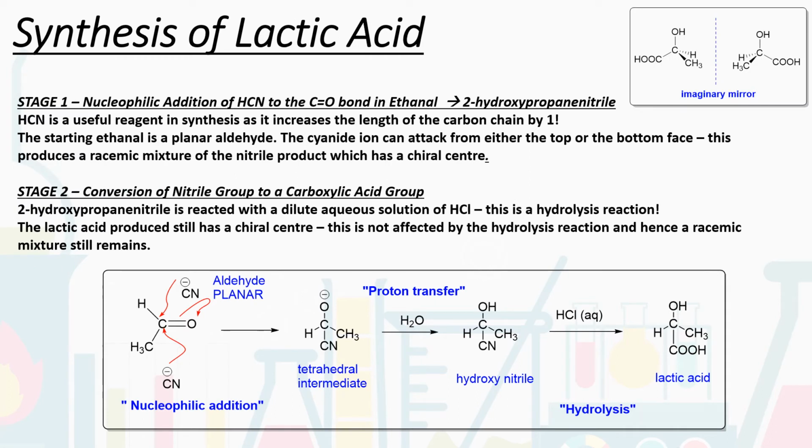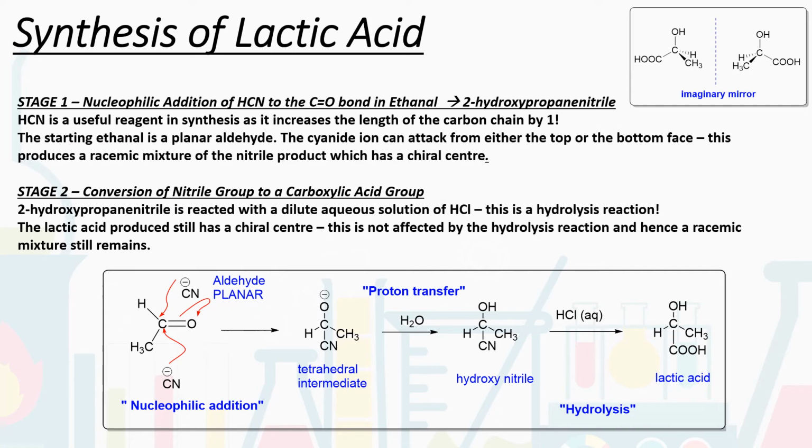So if we look at the synthesis of lactic acid, the first stage of it is we start from ethanal. So that's an aldehyde based on a 2-carbon chain. And what we're going to do is a nucleophilic addition reaction of hydrogen cyanide to the C=O bond in ethanal. Now, HCN is a really useful reagent in synthesis because it increases the length of the carbon chain by 1.